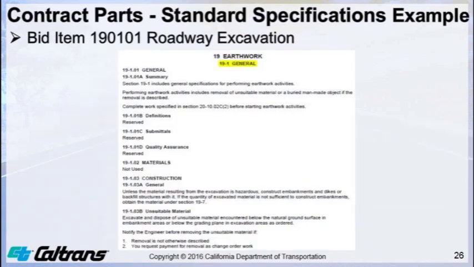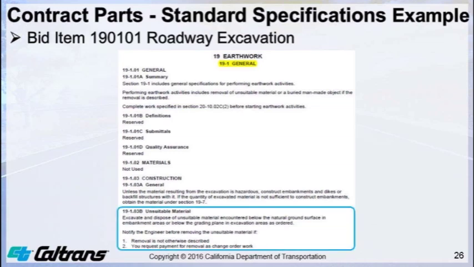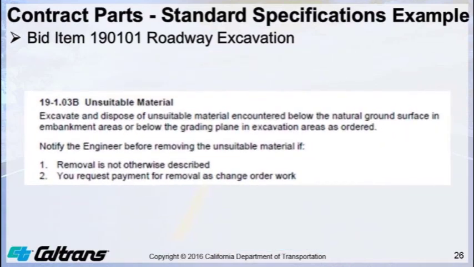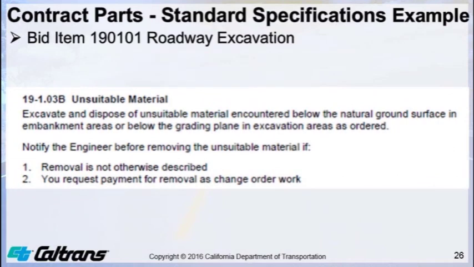Let's look at Section 19-1 General, which is applicable to all the subordinate sections within Section 19 Earthwork. For example, the unsuitable material specification under Section 19-1.03b applies to all the sections within 19, such as 19-2 roadway excavation, 19-3 structure excavation and backfill, etc.